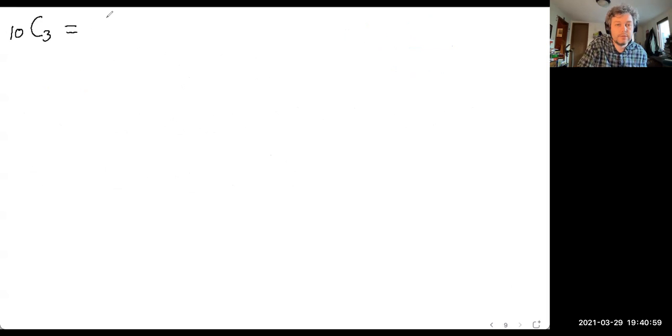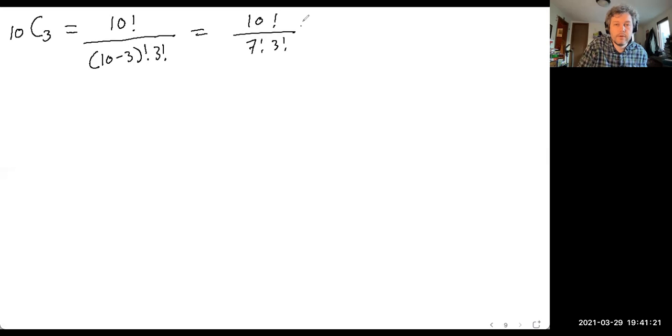Let's try 10 choose 3. That's going to be 10 factorial over 10 minus 3 factorial, over 3 factorial. So that's 10 factorial over 7 factorial, 3 factorial.